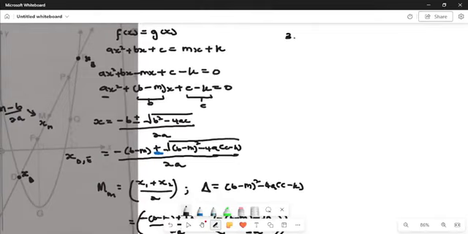So the distance PQ is represented by the difference of the straight line, which is g of x, minus the parabola f of x.